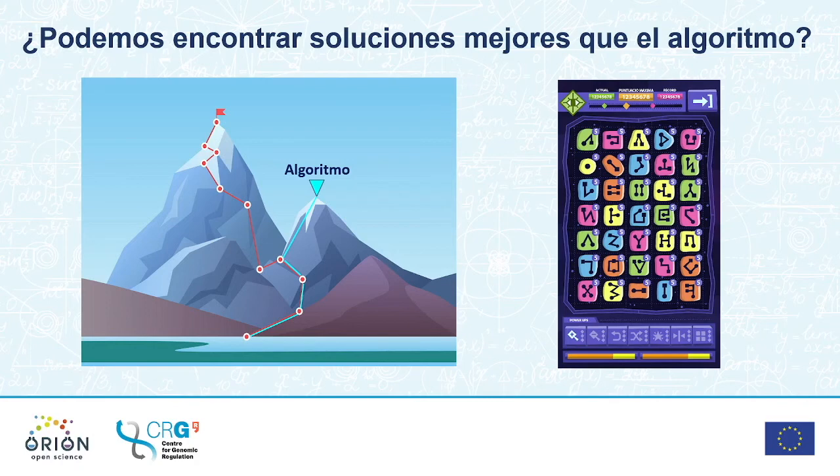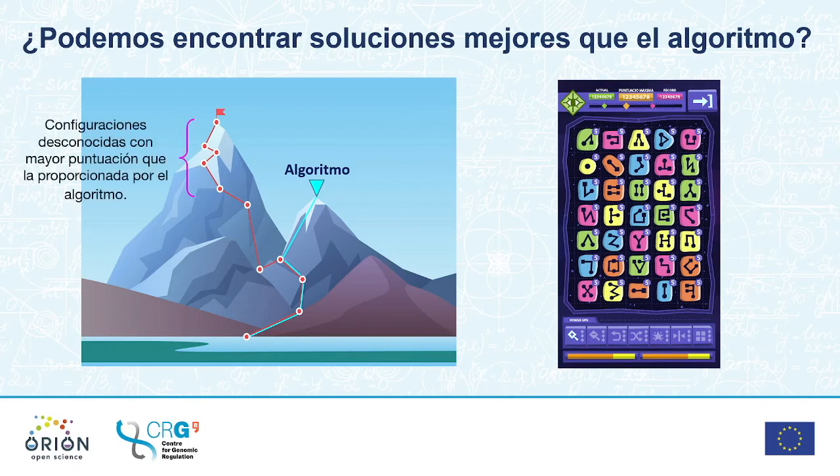This means that, in most of the cases, the algorithm cannot reach the best configurations, leaving unexplored many others with higher score. What we want to do with Genigma is to reach these configurations and find the best one.